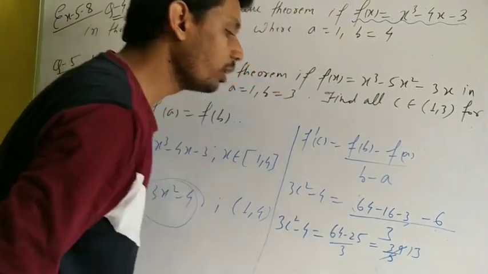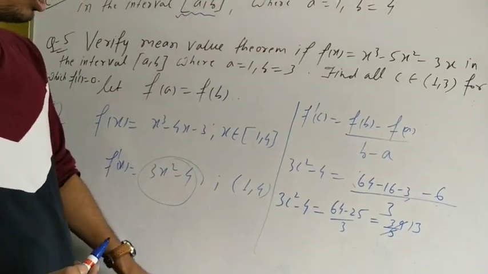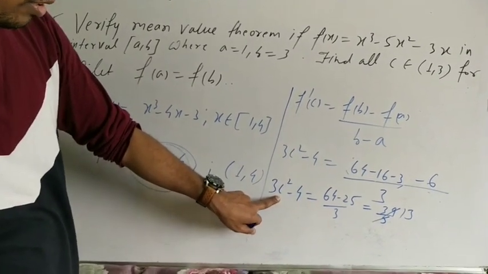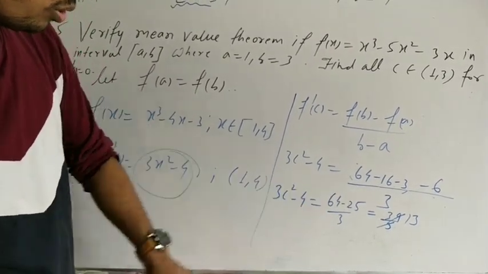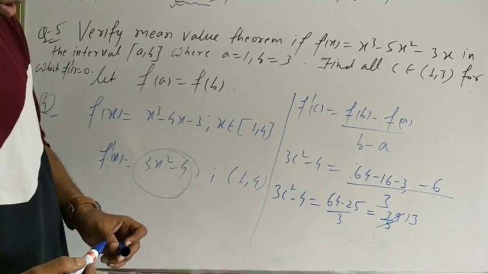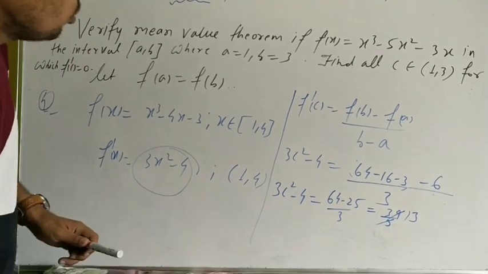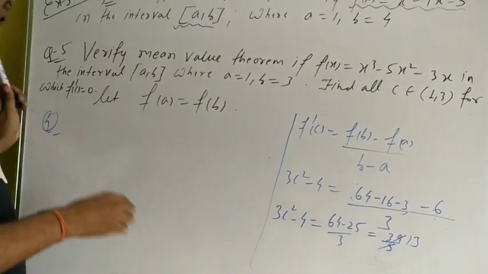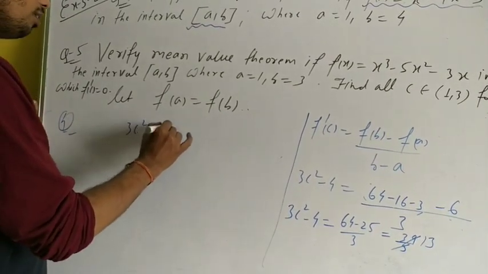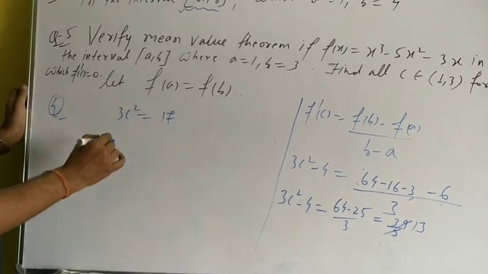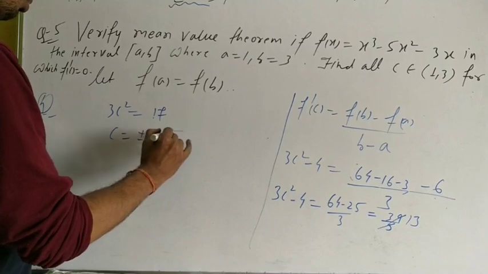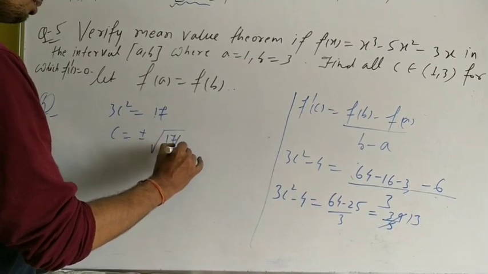After simplification, 13 is coming. So 3c square minus 4 is equal to 13, and 3c square is equal to 13 plus 4, which is 17. Or c is equal to plus minus root over 17 by 3.